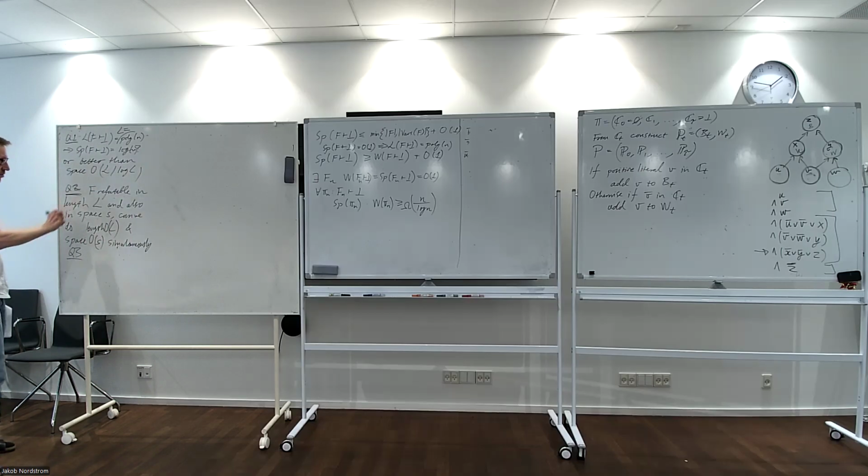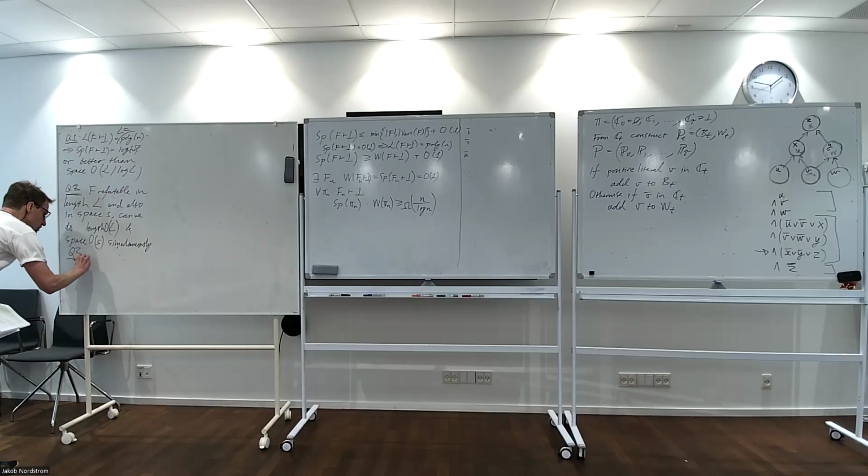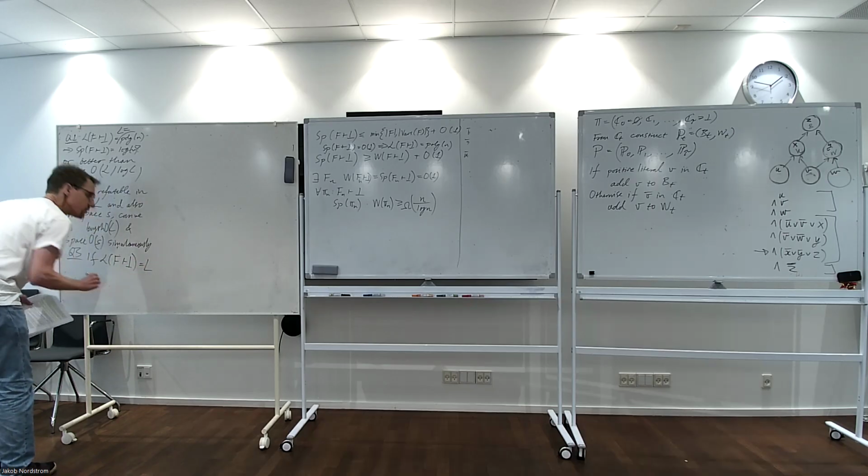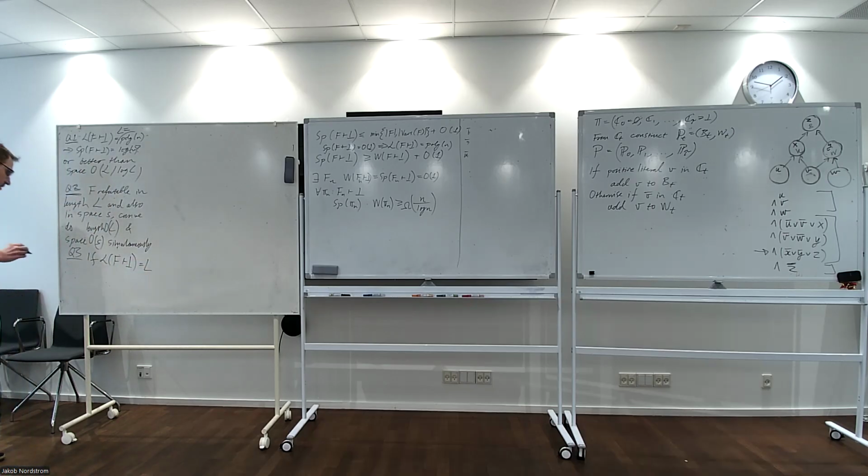Question three is a relaxed version. Suppose that the length of refuting f is L. Okay, let's just ask a ridiculous question. Can I at least do that in worst case space?